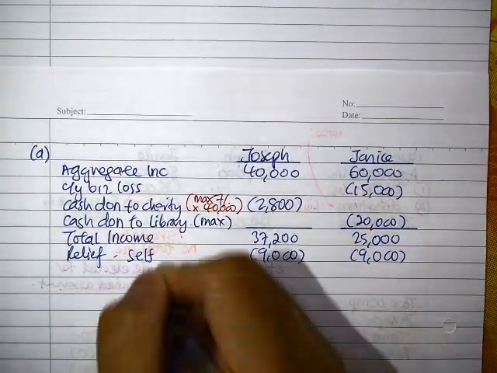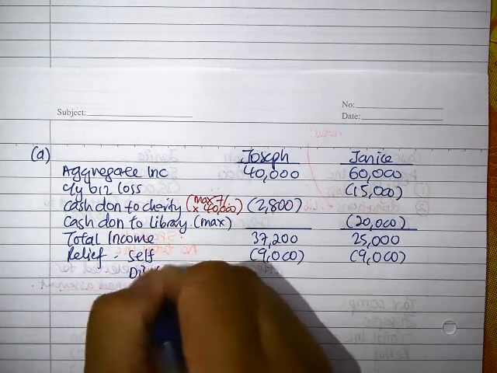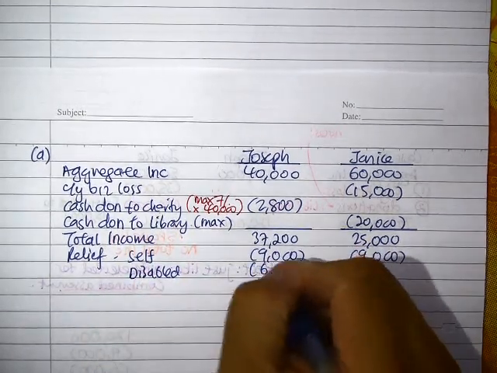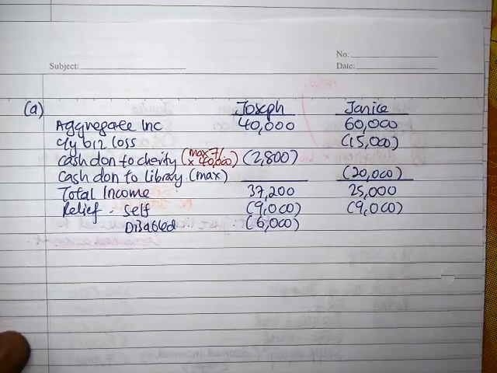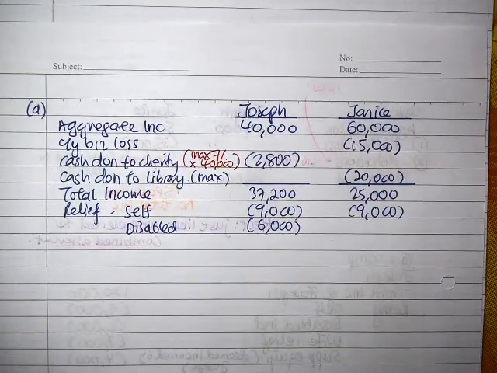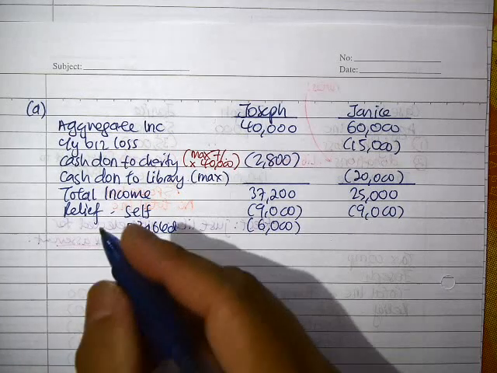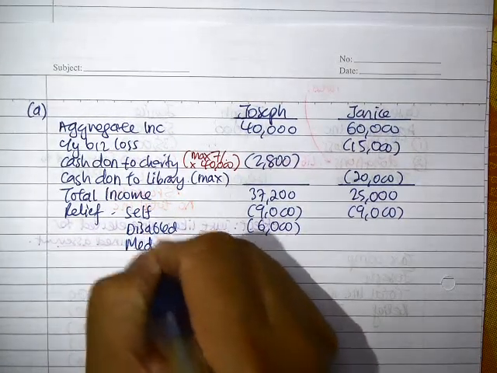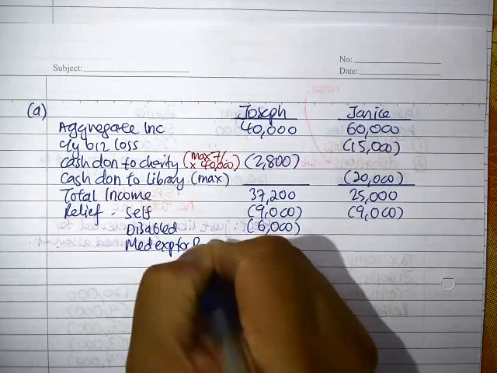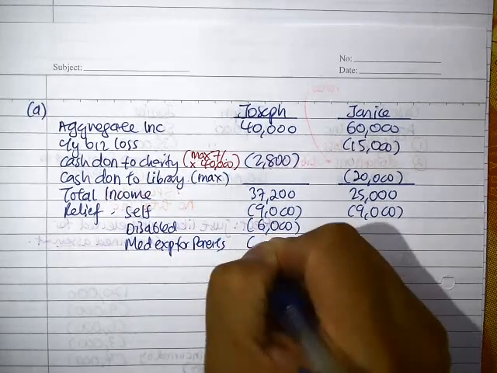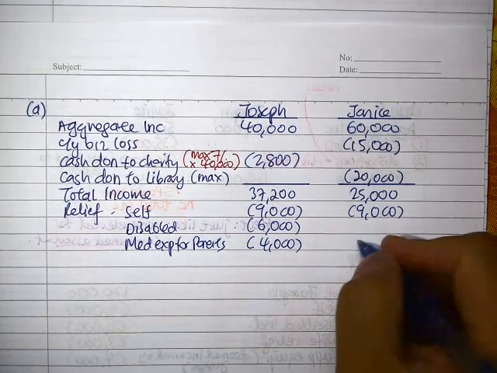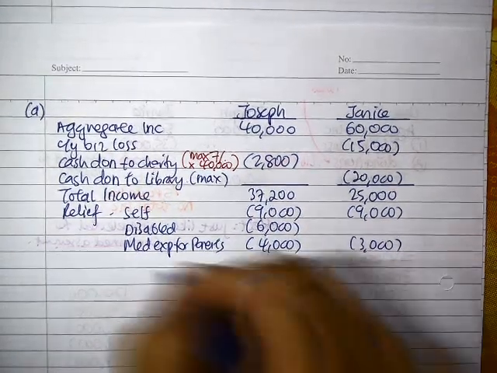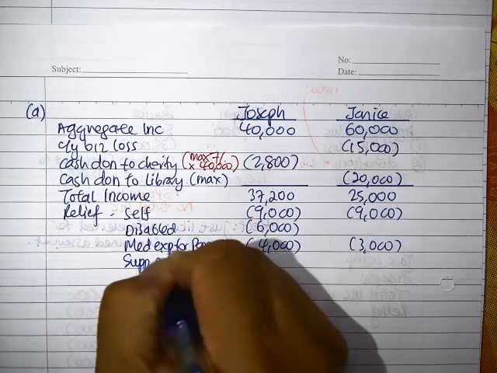Now there's a law limiting this to maximum 7% of the aggregate, which is 40,000. So the most that Joseph can claim is 2,008. Right, then the cash donation to the library. Now the donation is restricted to a maximum of 20,000. Right guys, that's it.